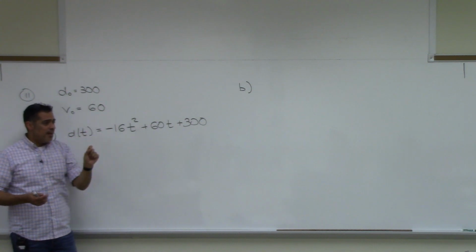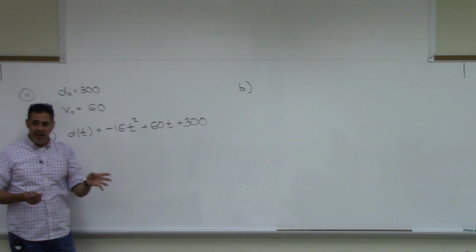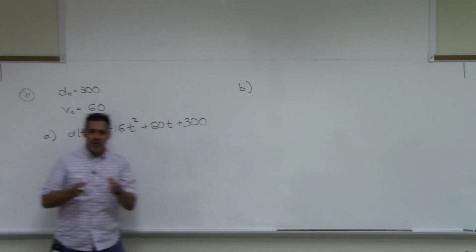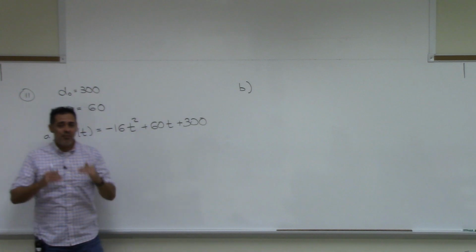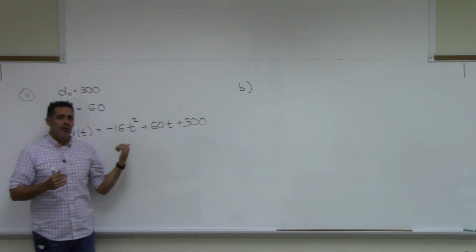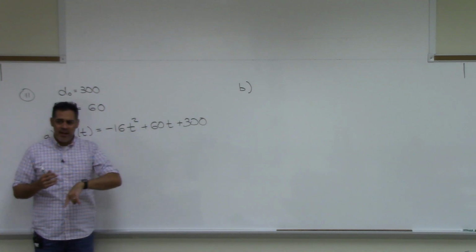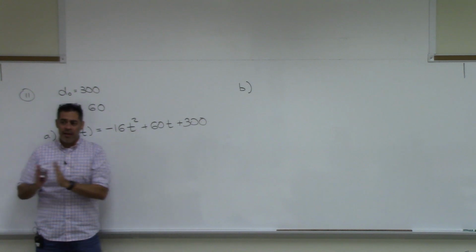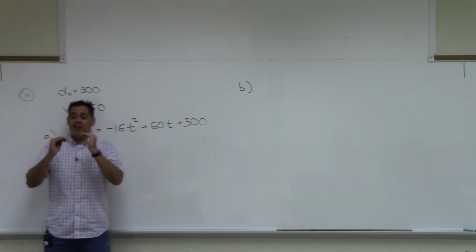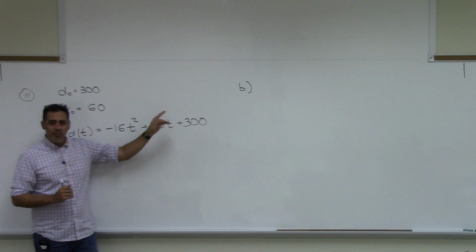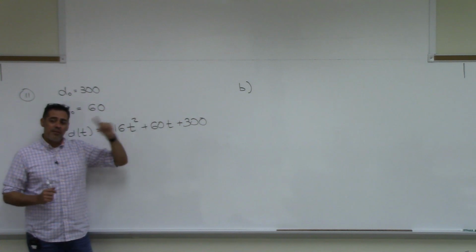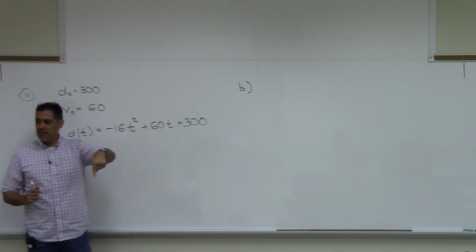Now remember, the vertex has two pieces to it, the H and the K. The H was the left and right, and the K was the up and down. So if I want to know the maximum height, am I looking for the K or the H? H is left and right. The K is up and down. So actually for part B, I'm asking for the K of the vertex, right?